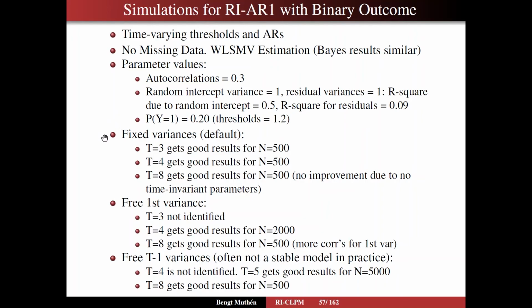Now we're going to work with fixed variances here first, and T equals 3 then is a just identified model, as we mentioned before. It gets good results for 500 observations. And when I say that it gets good results for 500, it means it doesn't give really good results if you go down below that. T equals 4 gets good results for n equals 500 as well, and so does T equals 8.